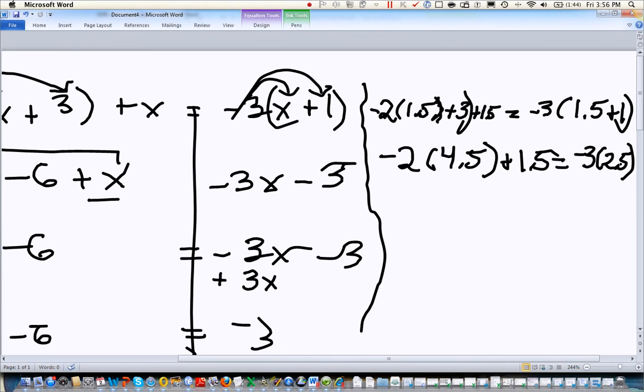And then we're going to go ahead and use our calculator. Negative 2 times 4.5 is negative 9, and I will add 1.5 to that and get negative 7.5.